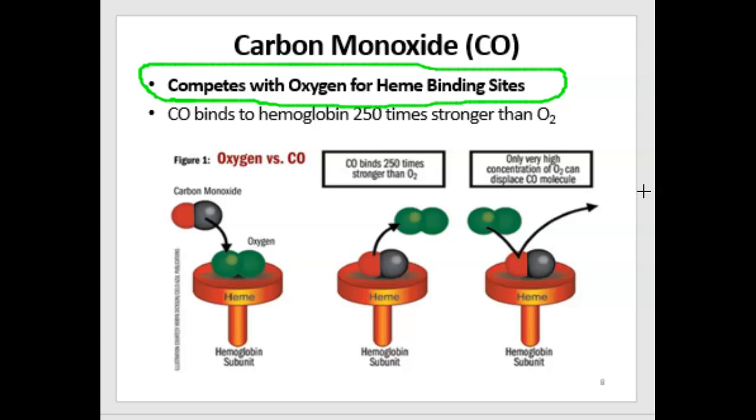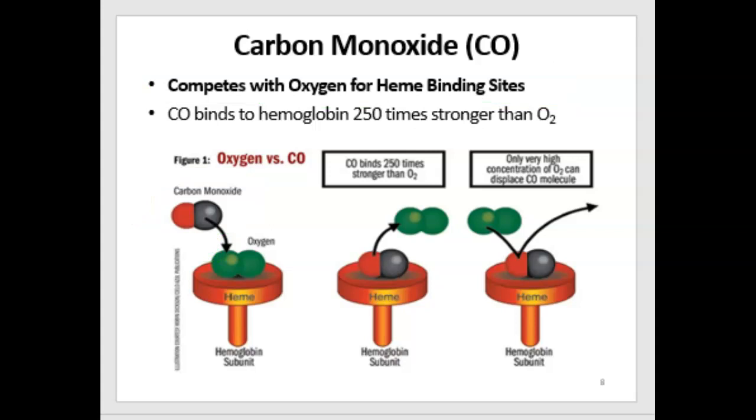So if both are present in the atmosphere, you breathe it in, carbon monoxide will bind with stronger affinity and more quickly to the hemoglobin than oxygen will. It is said that it binds to hemoglobin 250 times stronger than oxygen does. And it works by displacing, knocking off any oxygen molecules that are bound. It's terrible.